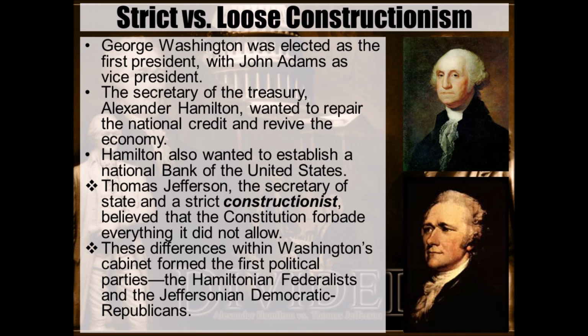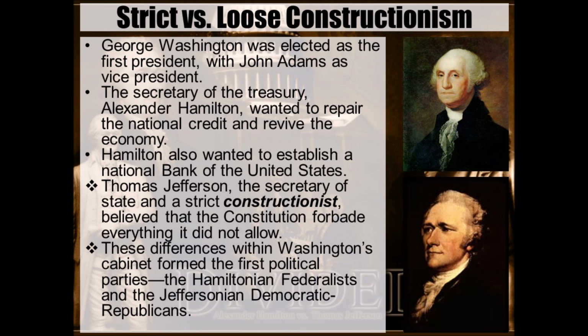Those are called strict constructionists. Then there were those that said, well, it's just kind of a guideline as to what the powers of the president should be. Those were loose constructionists. And very early on, it seemed that the strict constructionists were the ones that were kind of in charge, and they were very restrictive of what the president could and couldn't do.